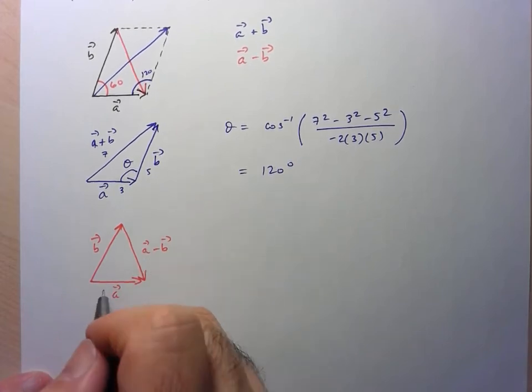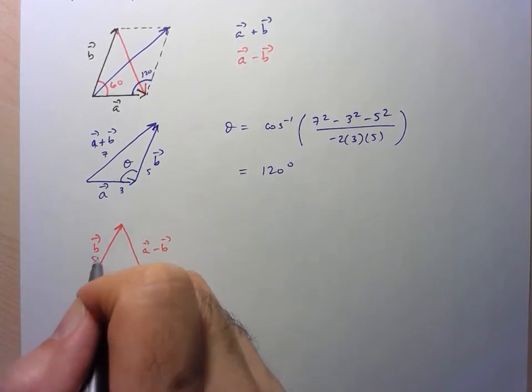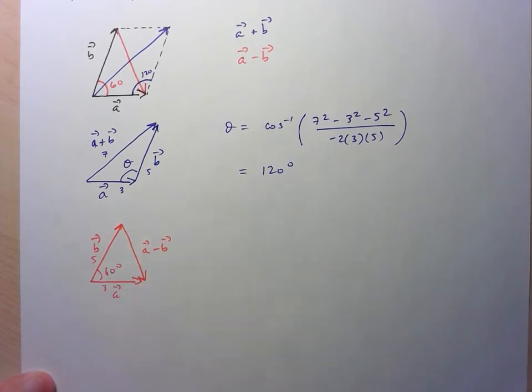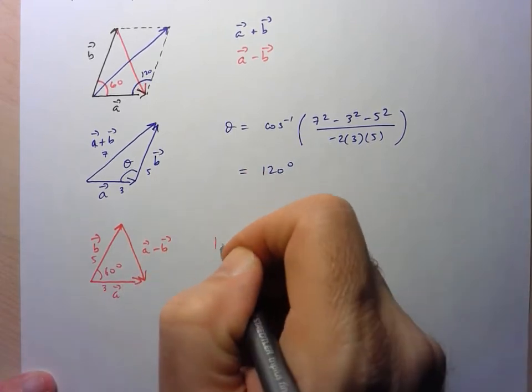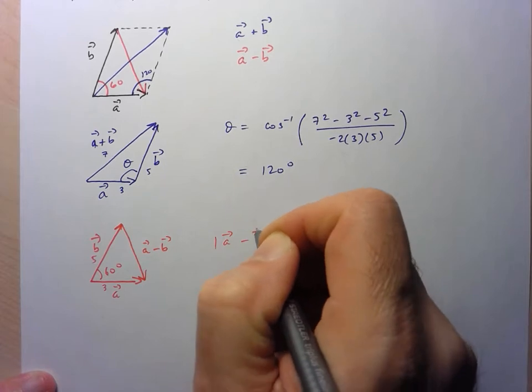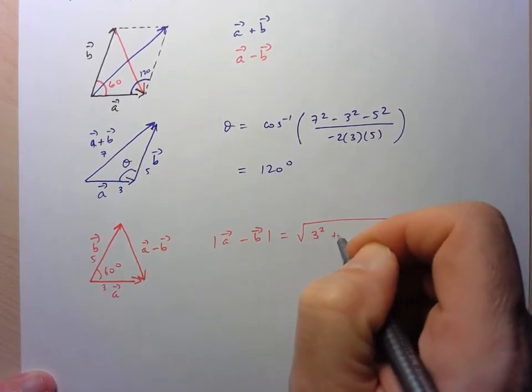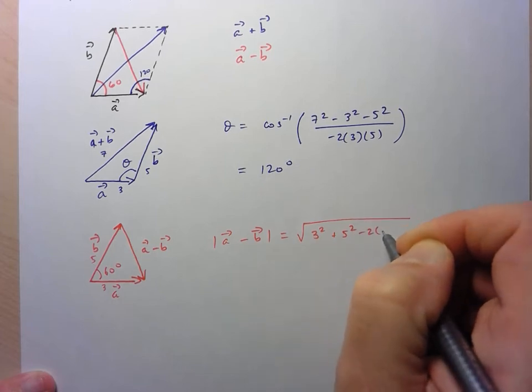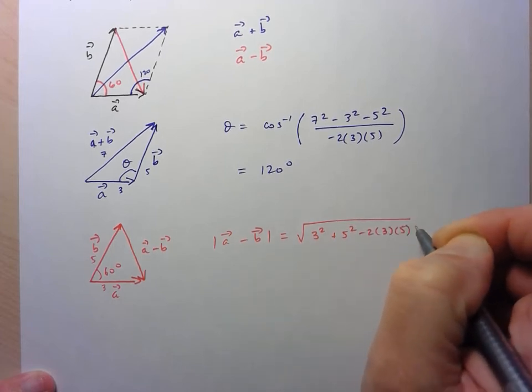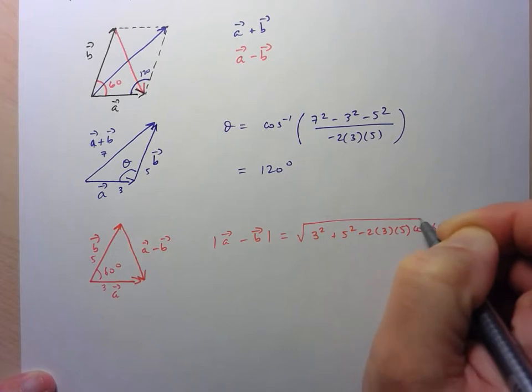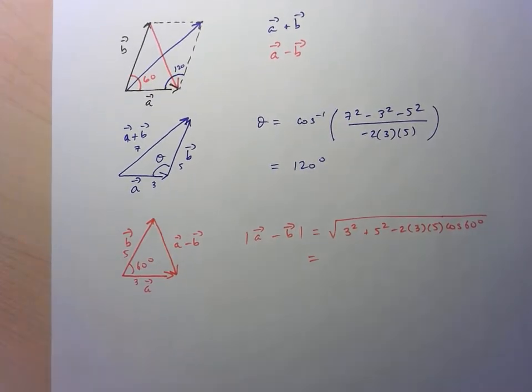I know these magnitudes, this is still 3 and 5, and this angle now I know is 60 degrees, and so now I can find the magnitude of A minus B. That's just the square root of 3 squared plus 5 squared minus 2 times 3 times 5 times cos 60. Let's calculate that, and that'll give us our answer.